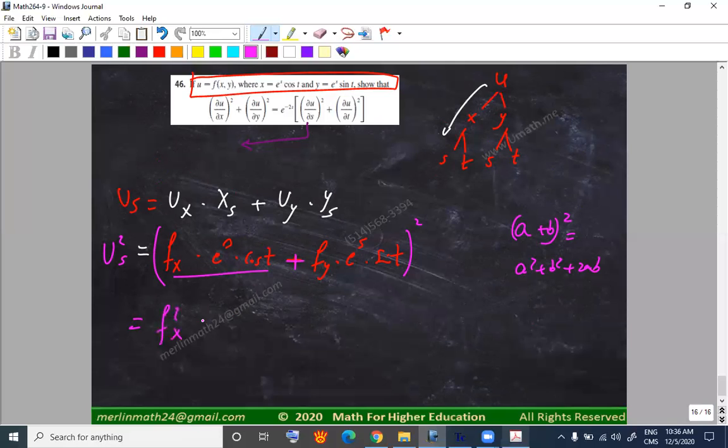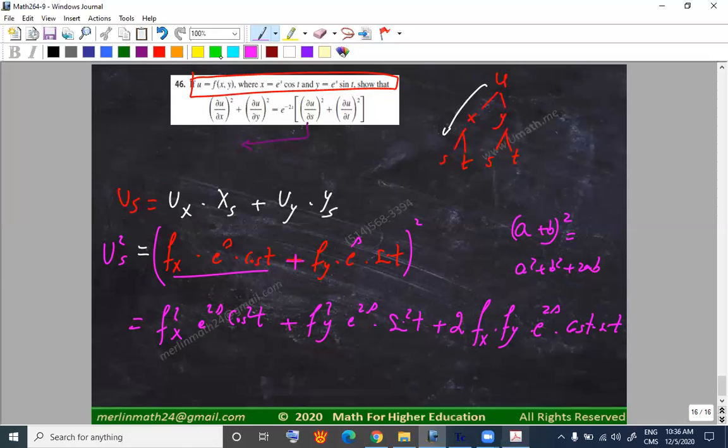You get f_x squared e^(2s) cos squared t, plus f_y squared e^(2s) sin squared t, plus 2 f_x f_y times e^(2s) cos t sin t. Do you agree?